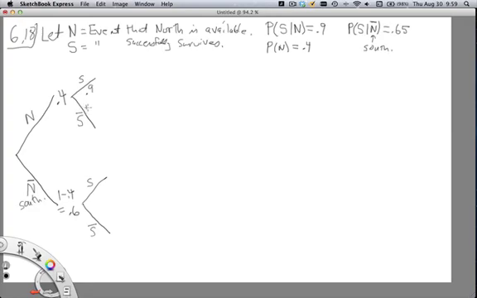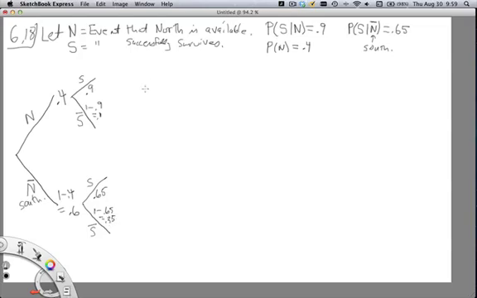Well, 1 minus 0.9 equals 0.1. Let's do the same thing down here. If we're in the south, what is the probability of success? Well, it's 0.65. What's the probability that we don't have success? 1 minus 0.65, which is 0.35.